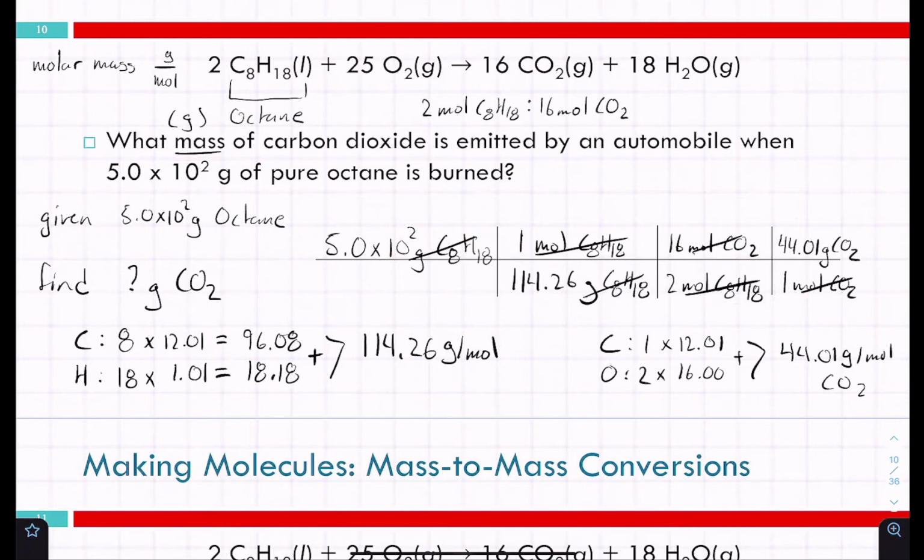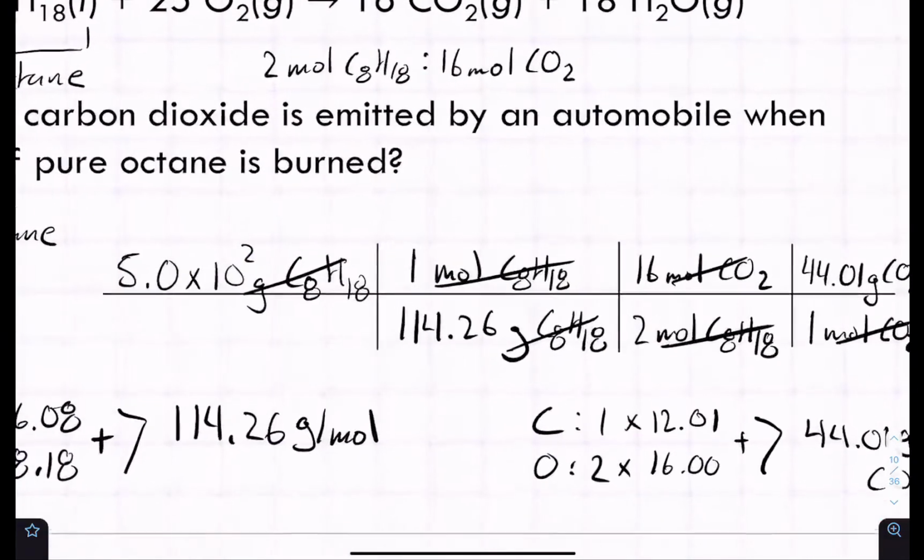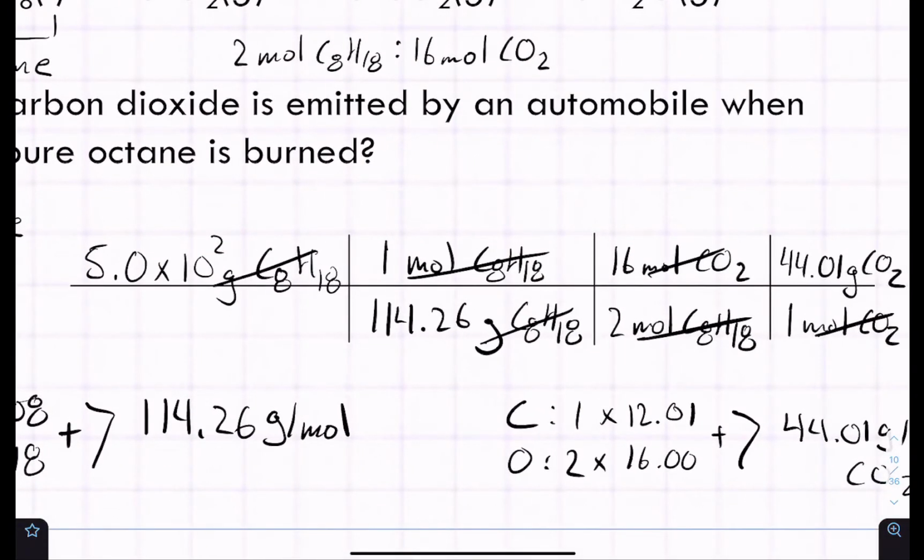So let's see, do I have space to do this? If we zoom in, this is the calculator input here, going to be 5.0 e to the 2. This is exactly what you'll type into your calculator, times 16 times 44.01 divided by 114.26 divided by 2.